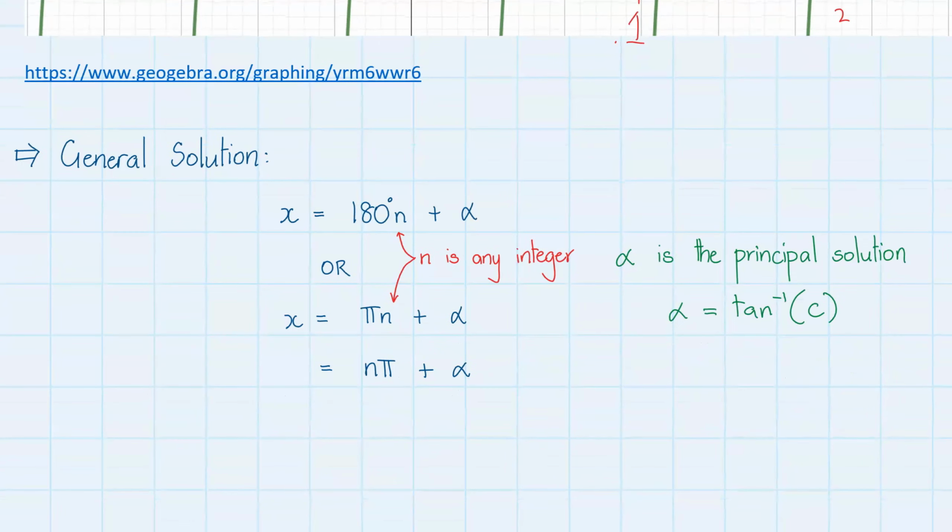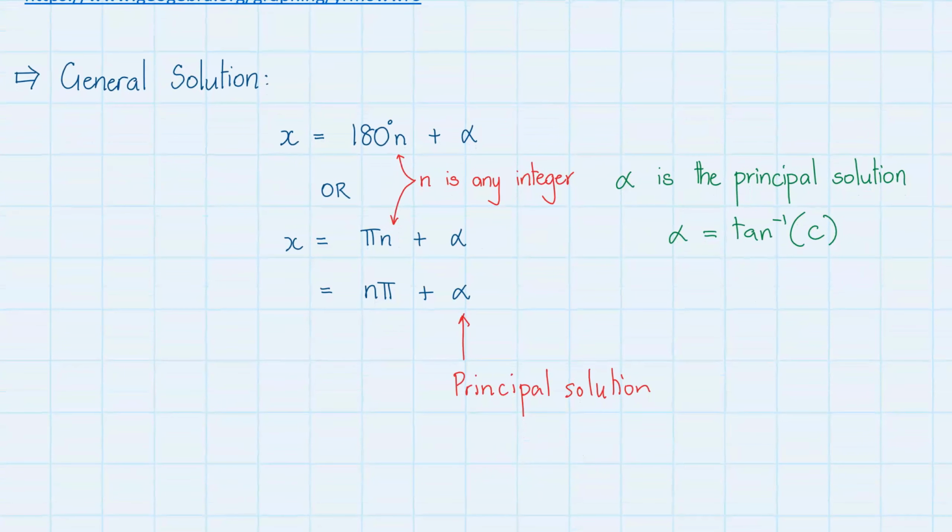All right, so all we really need to do is work out that first principal solution to find this general solution. So this is what's called a general solution. And then from that you can work out every single possible solution if you're asked to work out all the solutions within a particular domain.